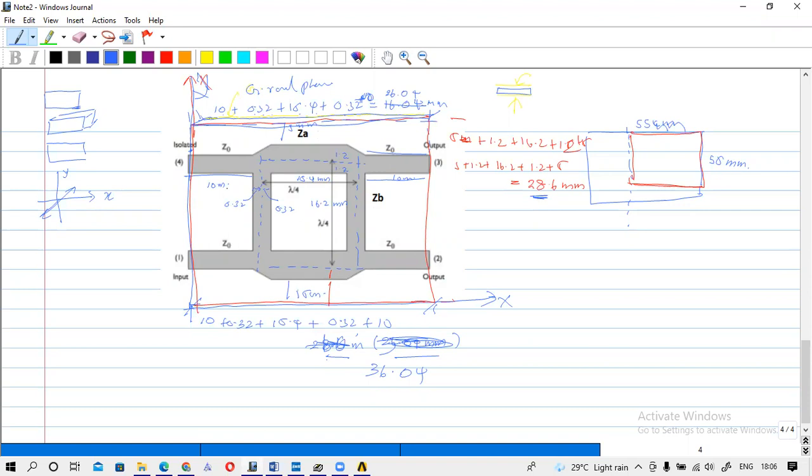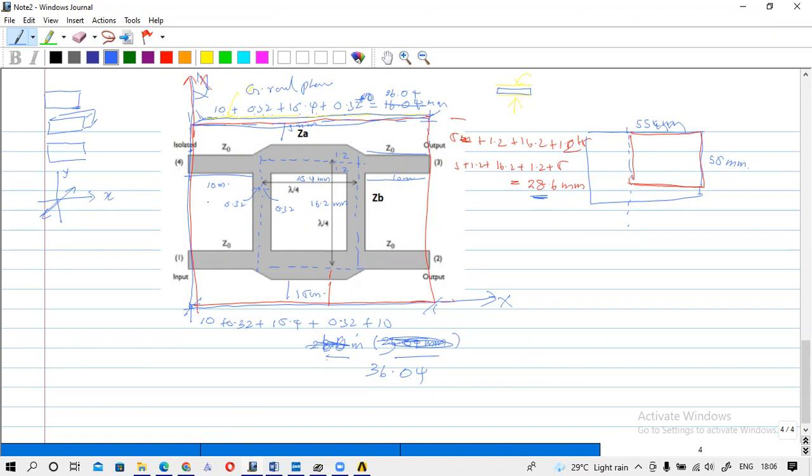So how can I do it? I will consider this as one rectangle. You can get rid of this material as you wish.